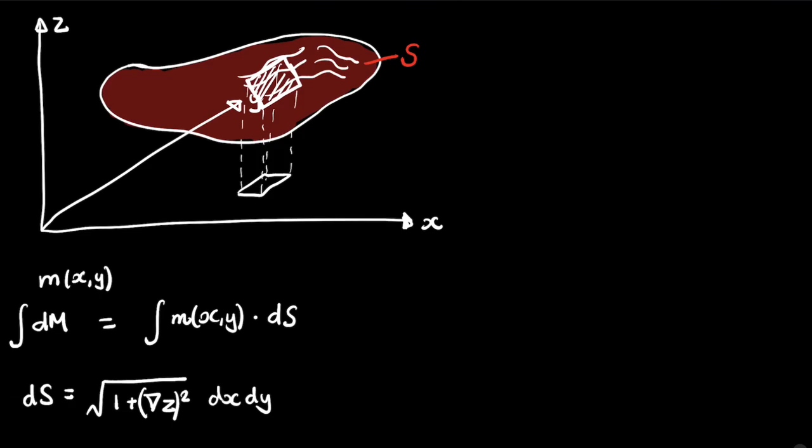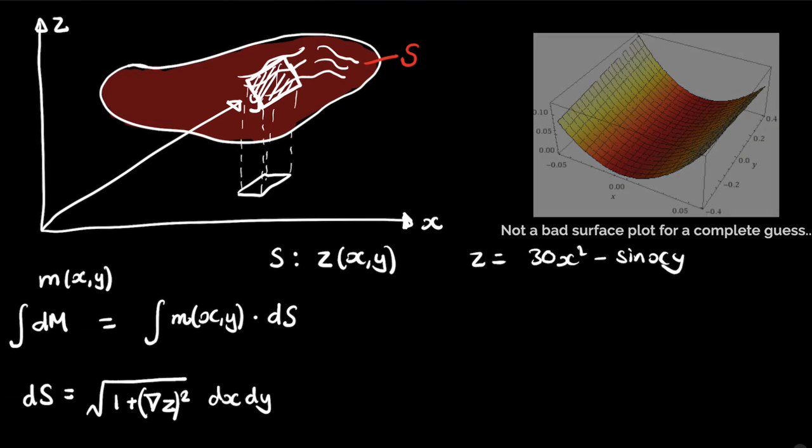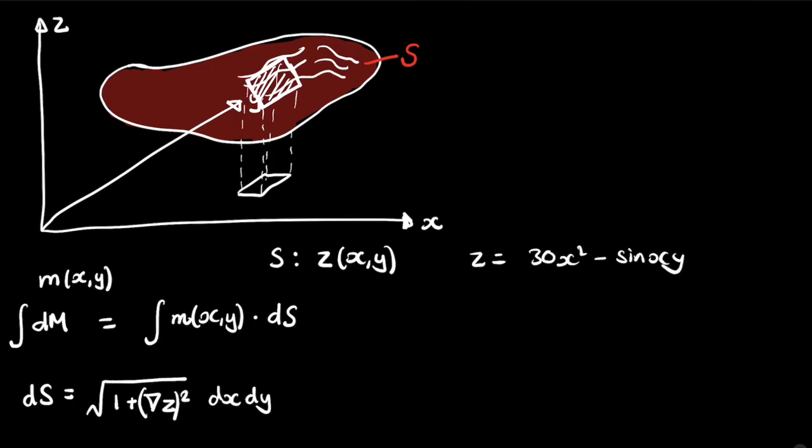And I should have mentioned that this surface is defined as z as a function of x and y. So say you have some equation, z equals 30x squared minus sine xy. So z is defined in terms of x and y, and if you're given that, then you can evaluate what grad of z all squared is, and that's how you get from ds to dx dy.